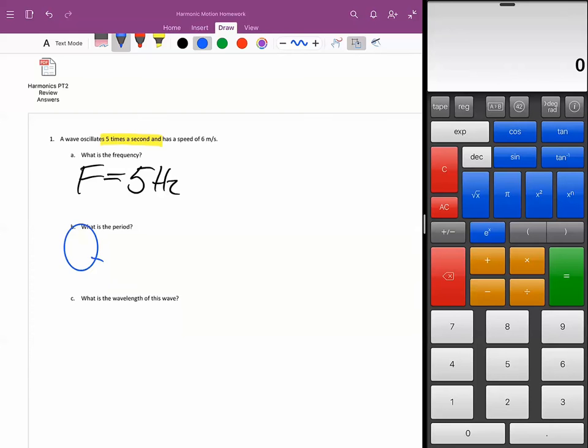In regards to your period, you have a frequency of 5, so 1 divided by 5. You have a period of 0.2 seconds for each cycle.